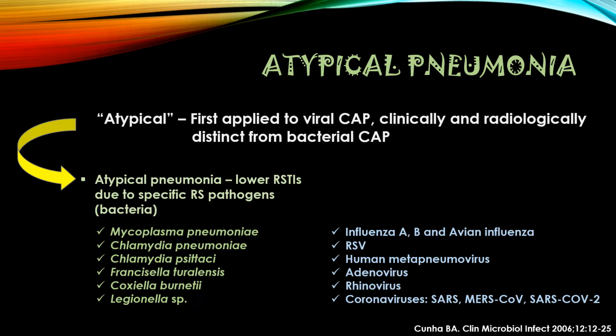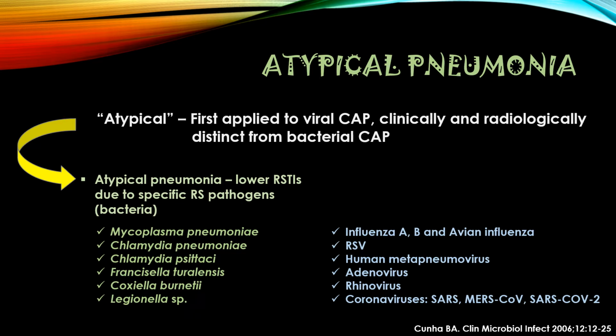Do you remember that? This is a pathogen of infective endocarditis that can only be diagnosed by serology, which I mentioned in the diagnostic criteria for endocarditis. And the last is Legionella, a cause of pneumonia that can be severe.